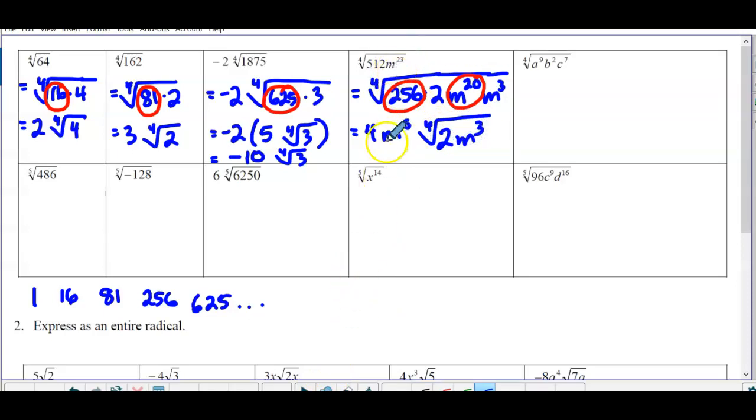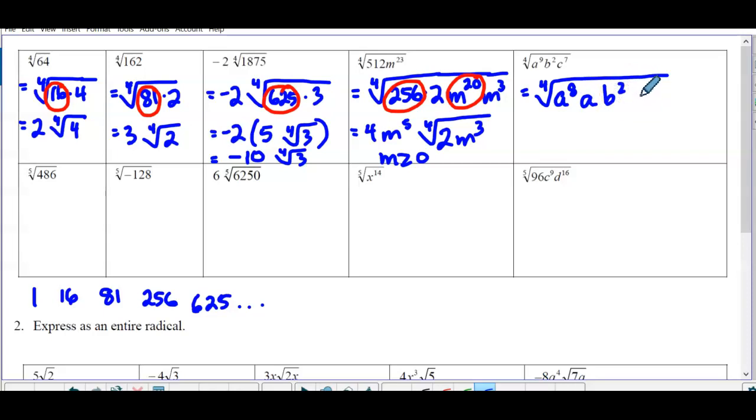Here, we would need m to be greater than or equal to 0, so that we'd have a positive underneath there. And then all variables here. So factor them. So next lower multiple of 4 is 8. So a to the 8 times a. B squared, can't do anything to it.